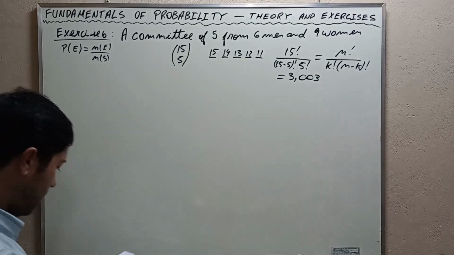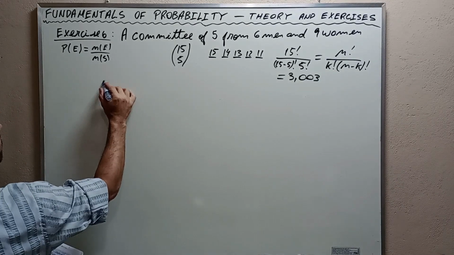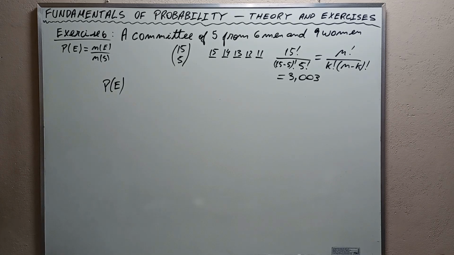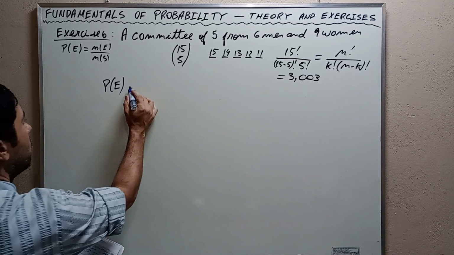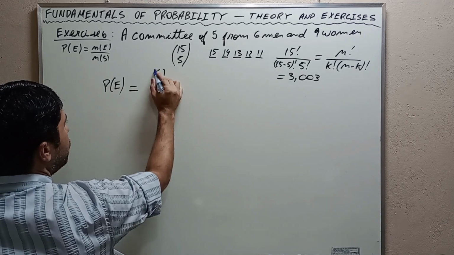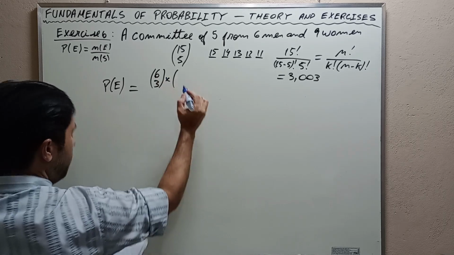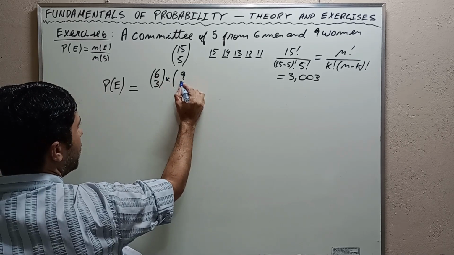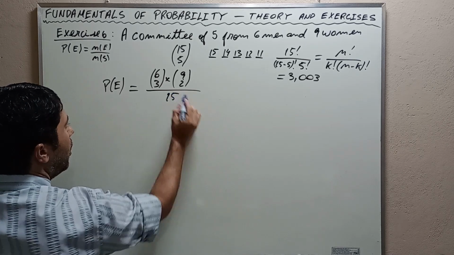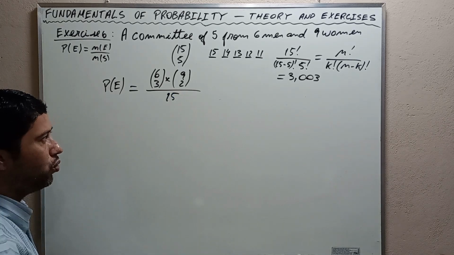Okay, then the probability of this event, the committee consisting of 3 men and 2 women, is going to be the combination of 6 men taken 3 at a time times the combination of 9 women taken 2 at a time divided by the combination of 15 people.